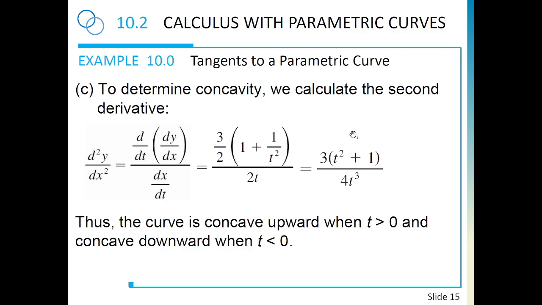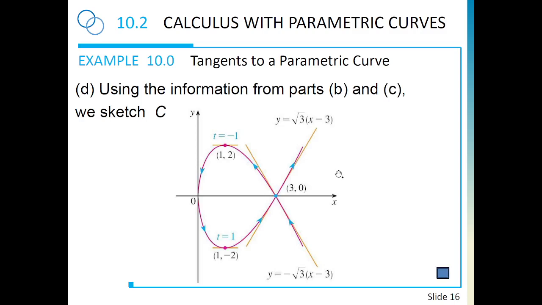The numerator will always be positive, so that's not an issue. So the sign depends on the denominator. For t greater than 0, the expression is positive, so the curve is concave up. And for t negative, the expression is also negative. That means the curve is concave down.